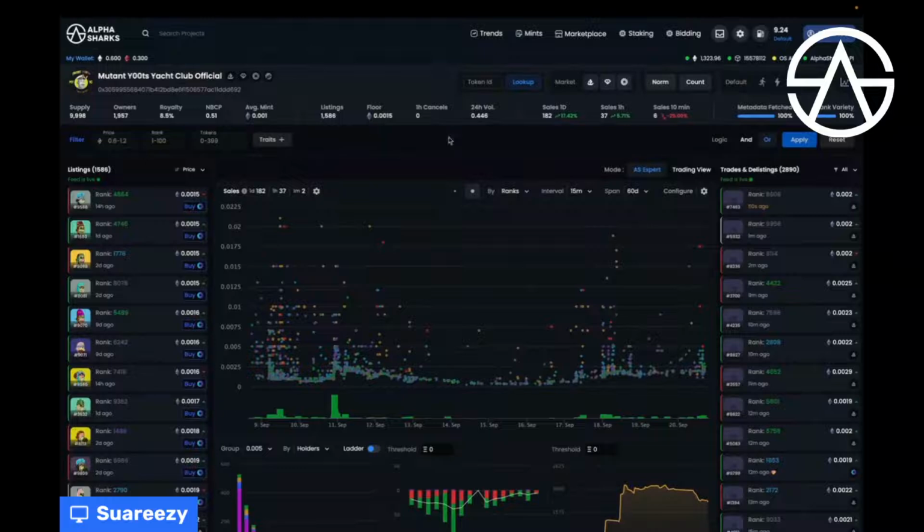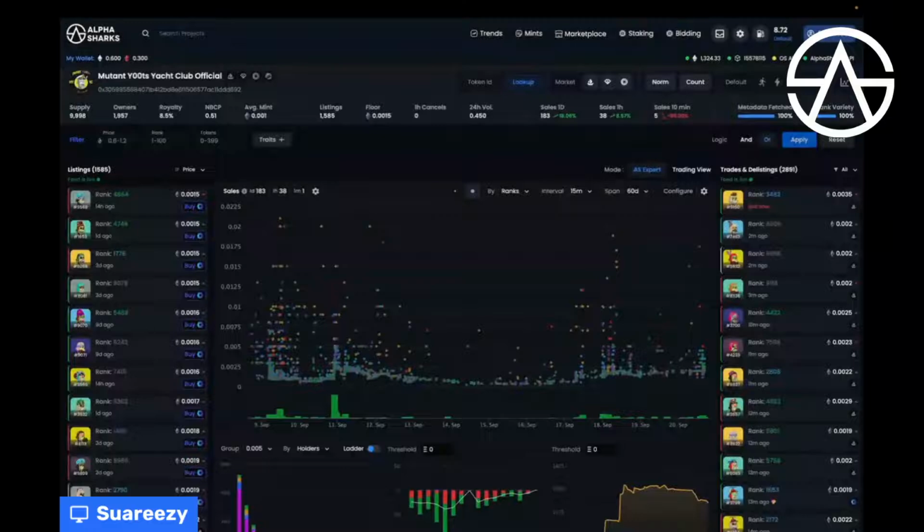But if you're starting to see different rarities throughout different projects or different platforms, it's because there's no standard for rarity calculations, and that's why we have different algorithms to mess around with to get different rarities for projects that utilize different rarity ranking systems. Hope that answered your question.